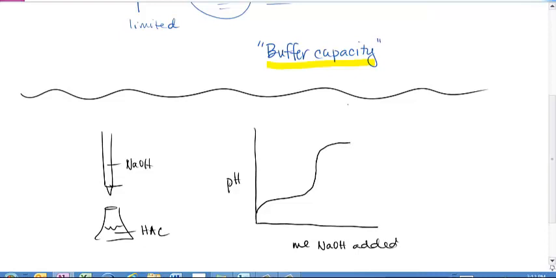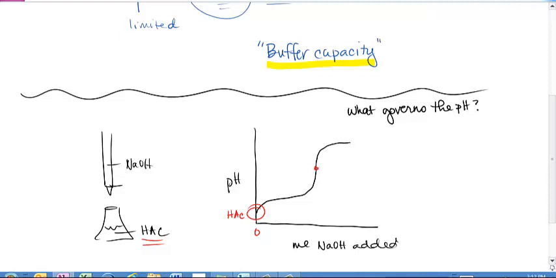One of the things that we kept looking at is, what governs the pH? What's impacting the pH? What's most important? At 0 milliliters of base added, the only thing in there is the acetic acid, and that's what's going to influence the pH.